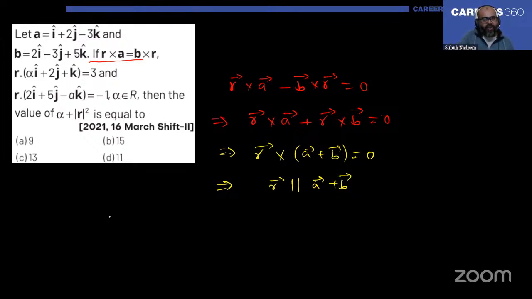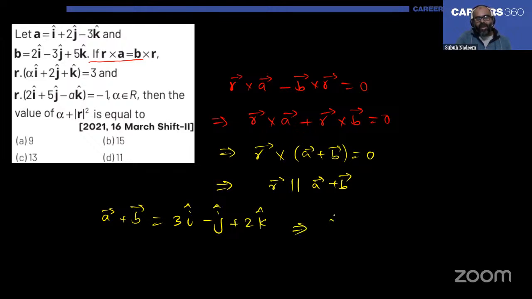Now, if we find A plus B, what is A plus B? A plus B is I cap plus 2I cap, 3I cap. 2j cap minus 3j cap is minus j cap. Minus 3k cap plus 5k cap is 2k cap. So this implies that R will be equal to K times, because it is parallel.